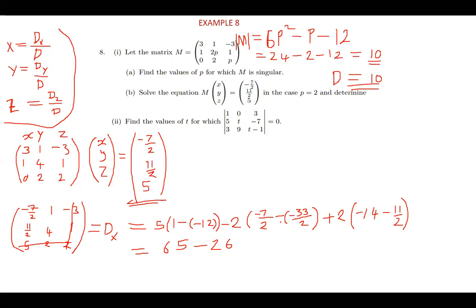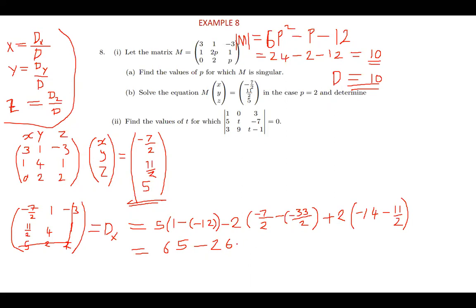And then we move on this side. We're going to have -11/2, and then -11/2, you are subtracting it with 14. You get your answer to be 39/2. 39/2 times 2, you just get your answer to be 39.